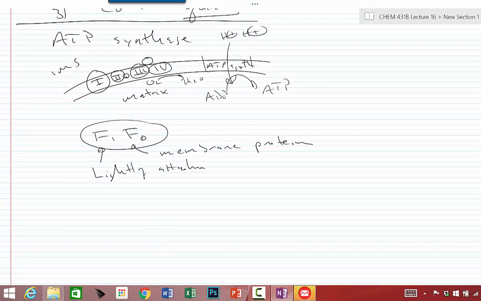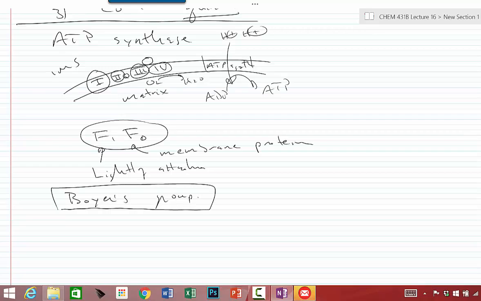And what they found, this is actually Boyer's group at UCLA, who got the Nobel Prize in the late 90s. And I actually worked across from his laboratory when he was making a lot of these discoveries. I didn't realize he was such a big deal at that time. So I guess I should think about that more and reflect that I should probably offer him some respect. But he used to mess up our cold room.